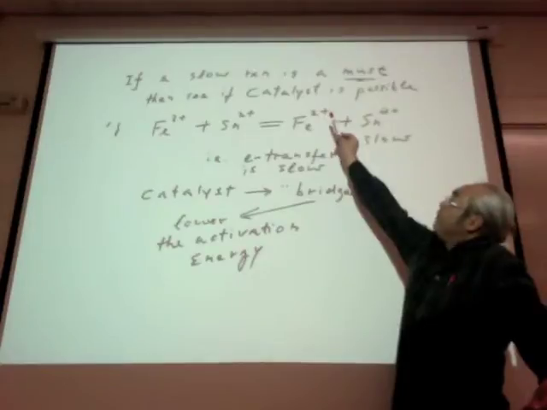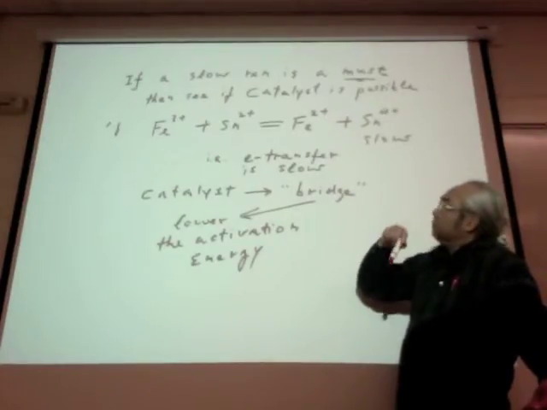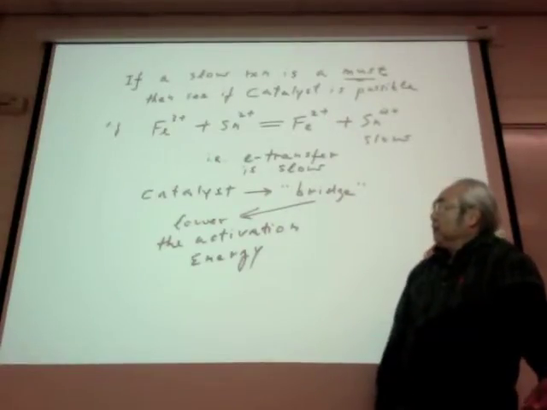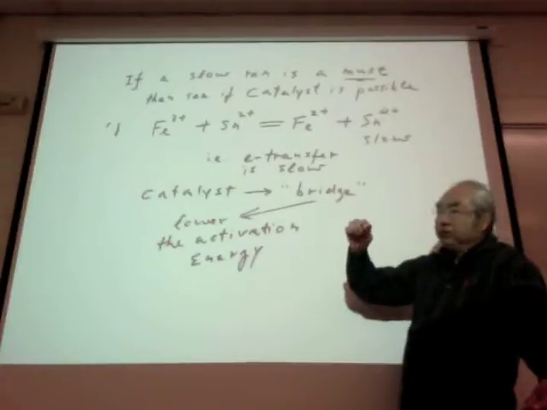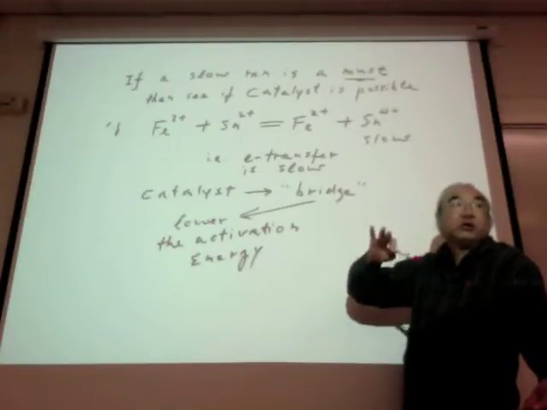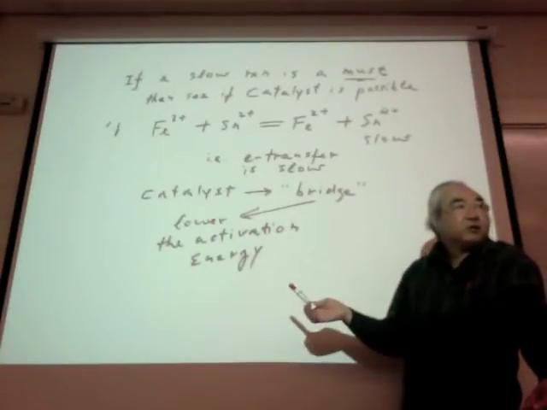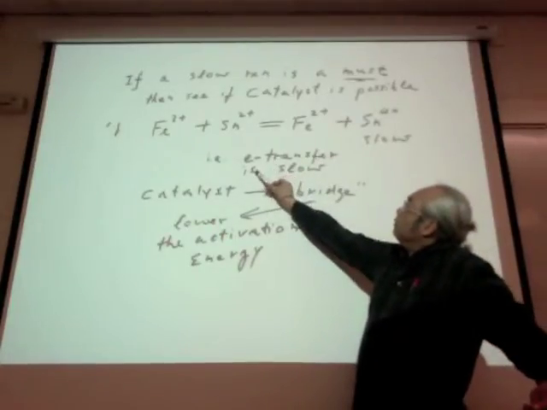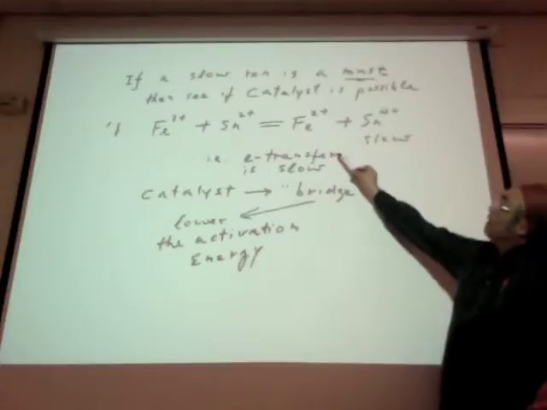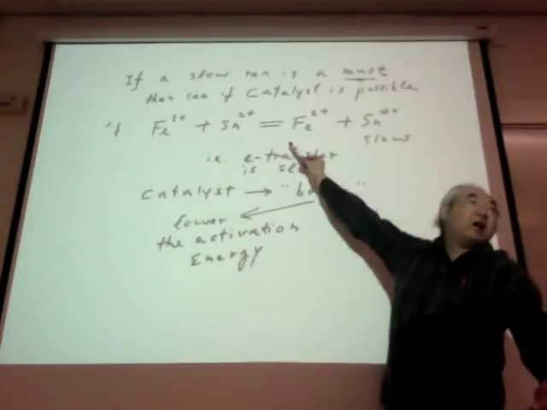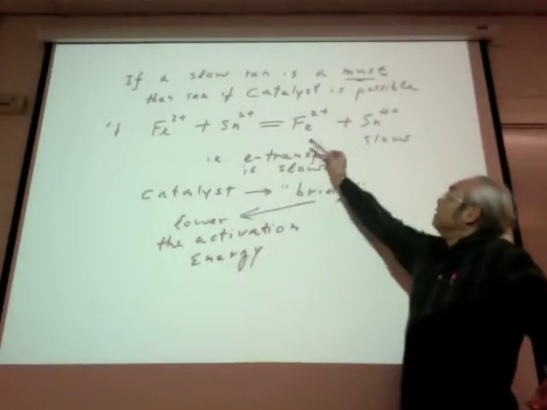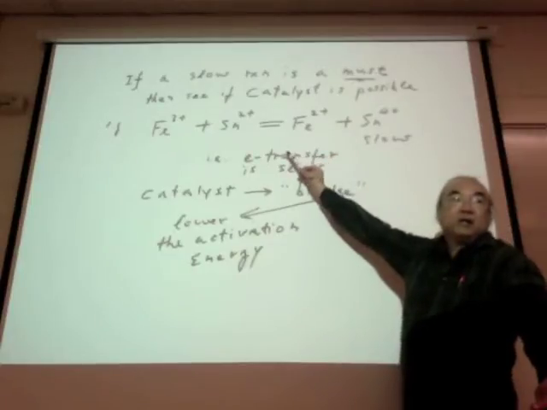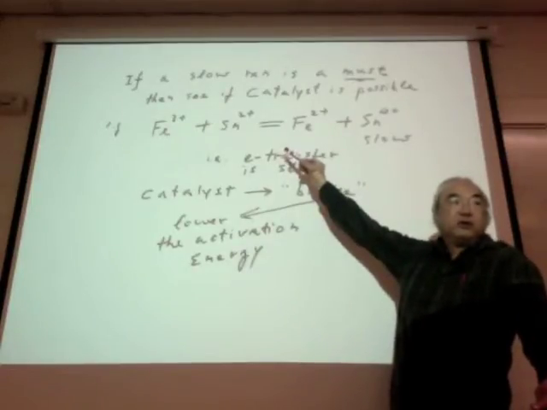So remember the definition of a catalyst. The function of a catalyst is to lower the activation energy, so the reaction is faster. This is a redox reaction, right? So the catalyst must facilitate the electron transfer.